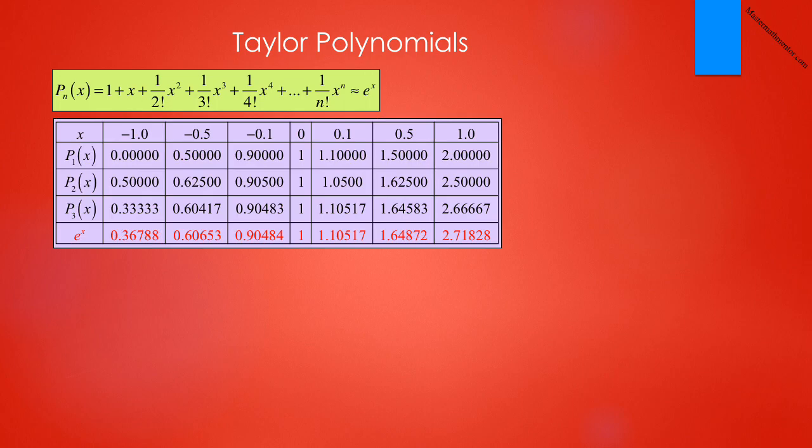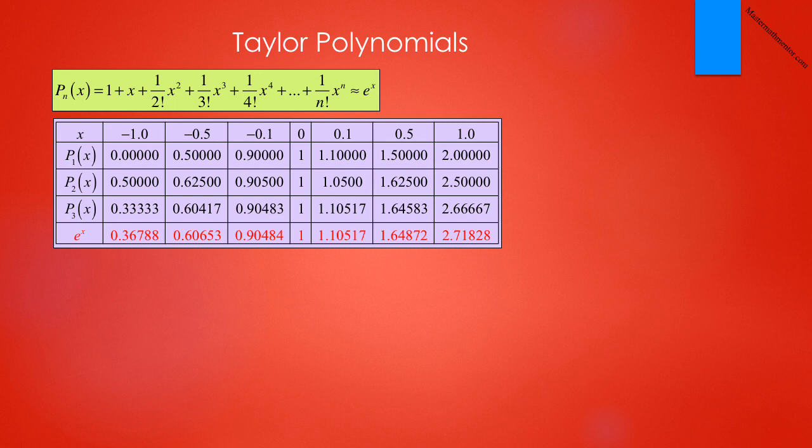The table shows the accuracy for the first, second, and third degree polynomial for e to the x at values close to 0. At 0, the first degree, second degree, and third degree are all equal to 1, which is e to the 0.